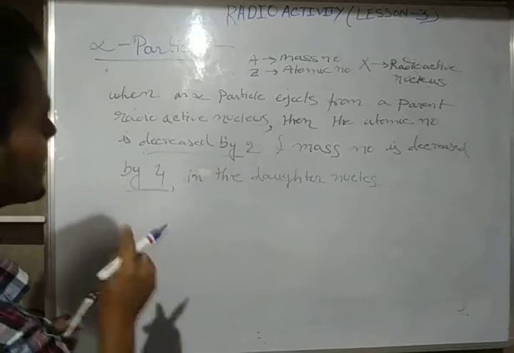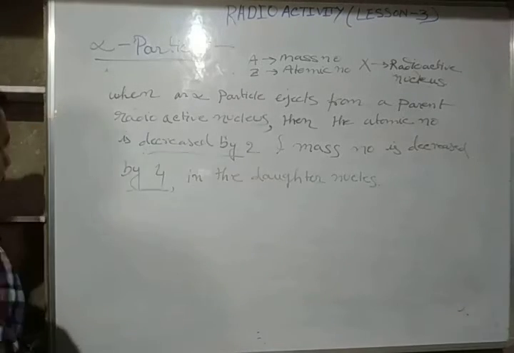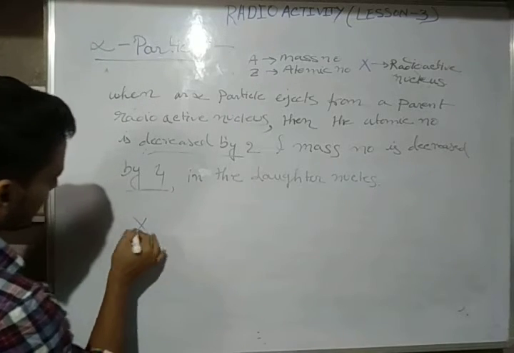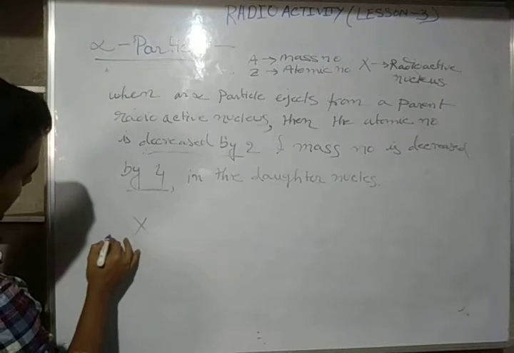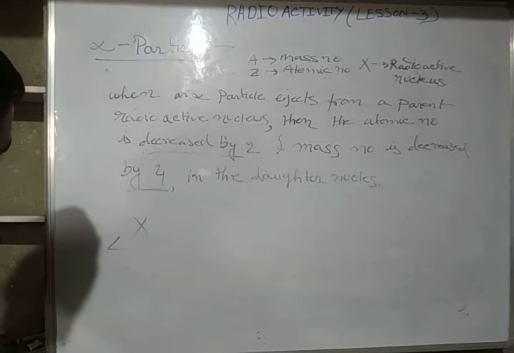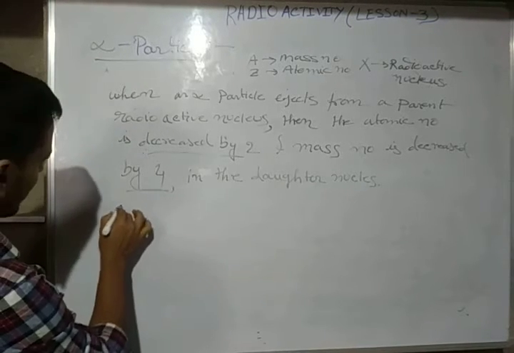Let's take an example. If X is the parent radioactive nucleus, Z is the atomic number and A is the mass number.